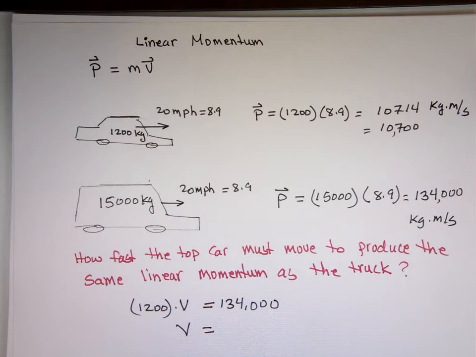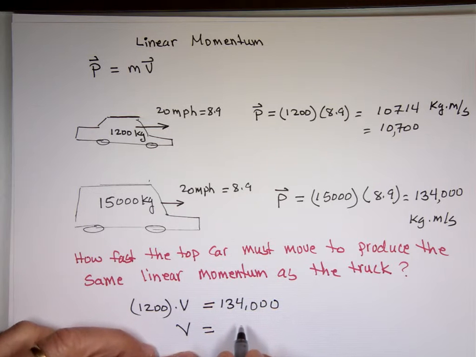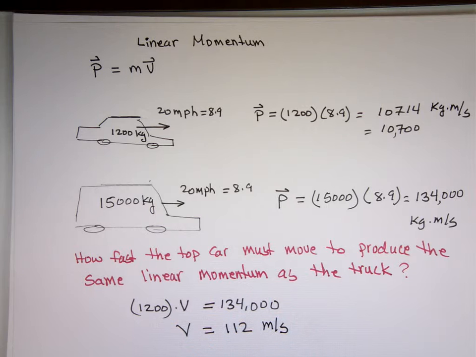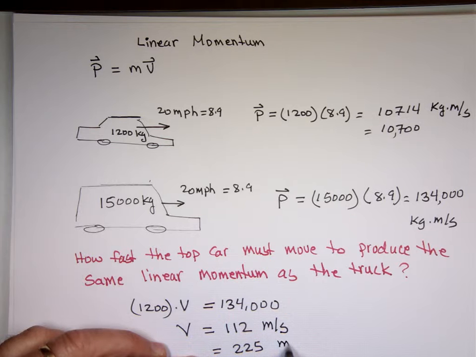The car has to be going at a speed of roughly, ready for this number? 112 meters per second. Multiply that by 2.24. It has to be going approximately 250 miles per hour.